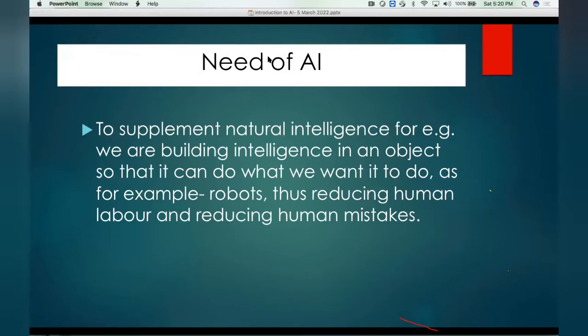It supplements natural intelligence. We are building intelligence in an object so that it can do what we want it to do. We have to program these machines so that they can perform activity as per our desire.